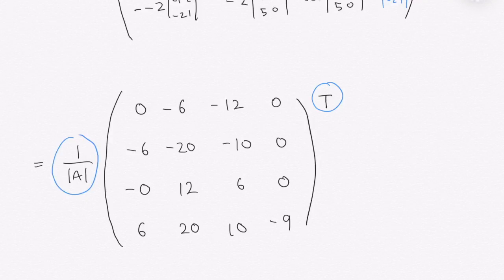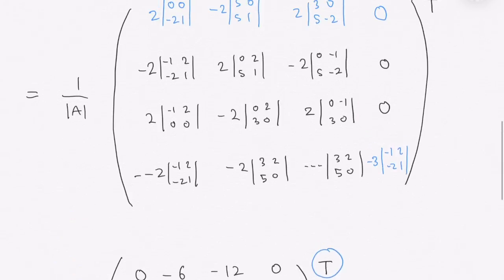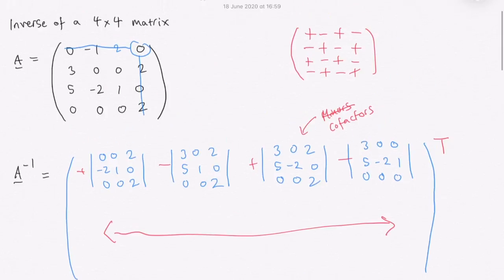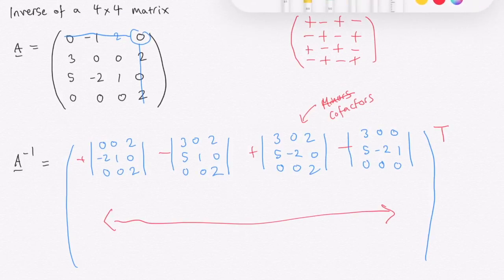If we think about what the determinant of A is going to be, we can expand by any row and any column. So going back to A, it looks as if a sensible row to use would be this bottom one, because we can get 0 times something, add 0 times something, add 0 times something, plus 2 times the remaining elements here.